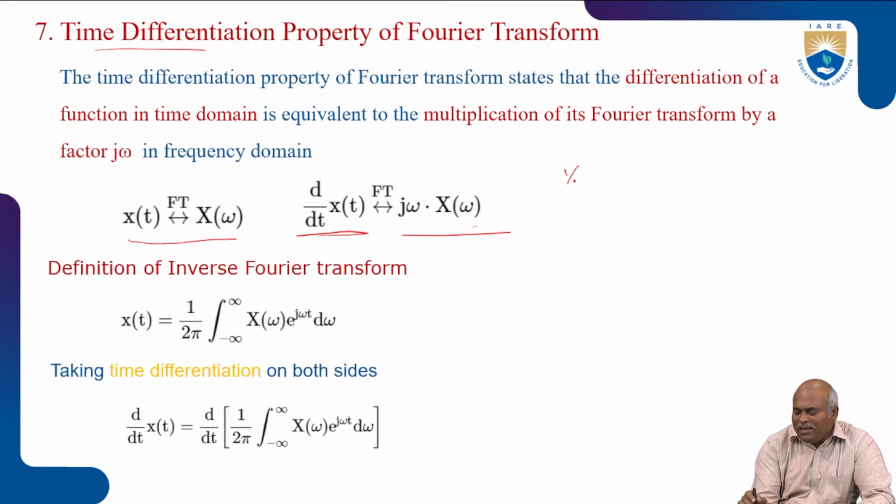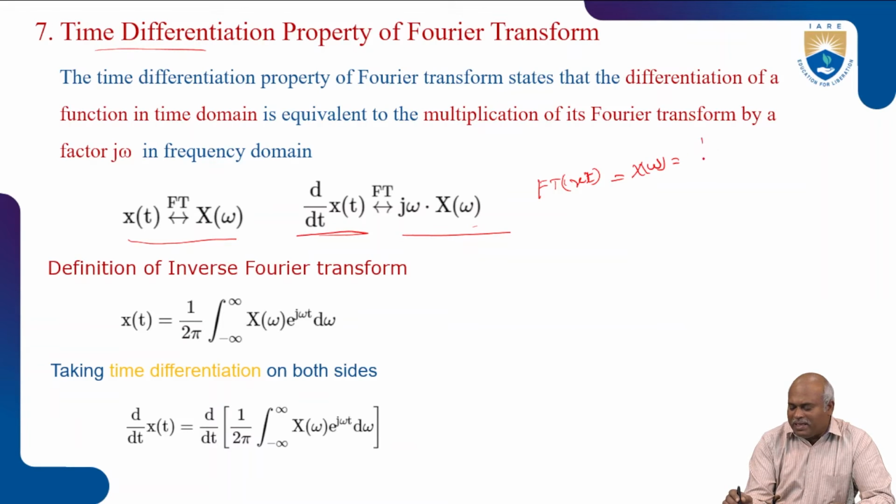We write X(ω) as the Fourier transform of x(t). That formula is X(ω) = ∫ from −∞ to +∞ of x(t) e^(−jωt) dt.